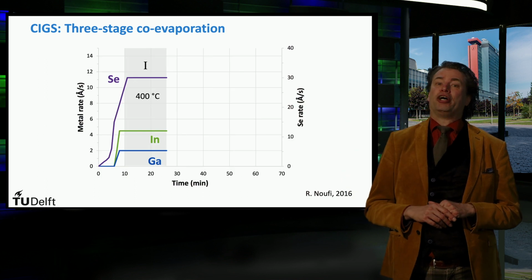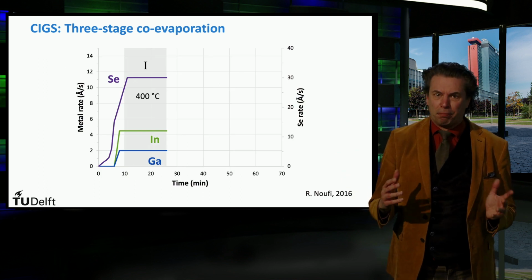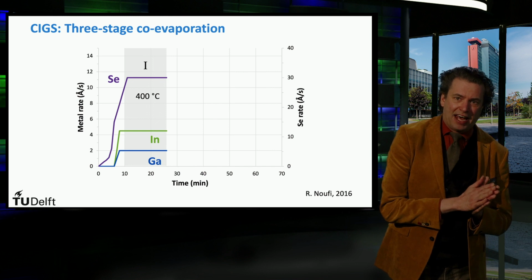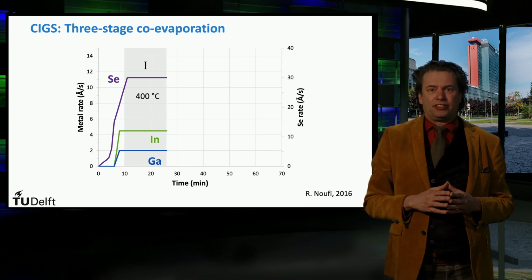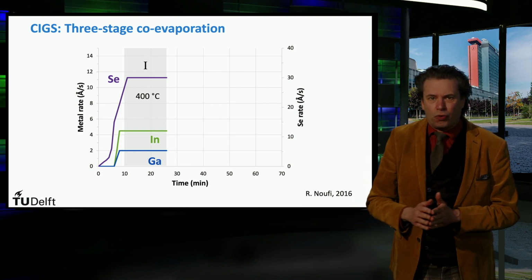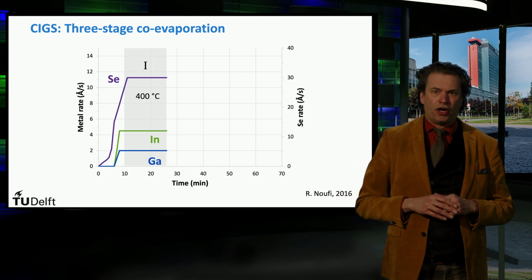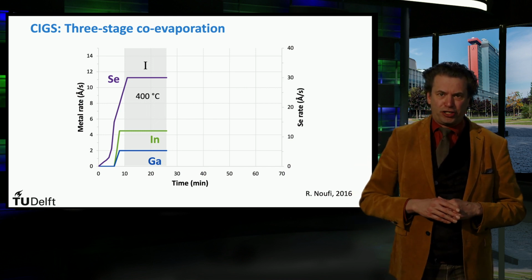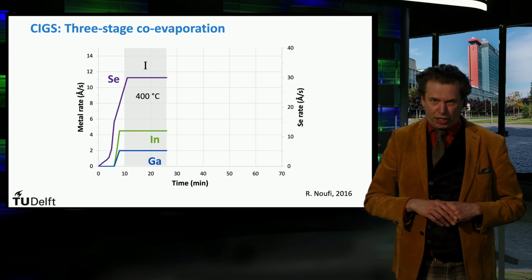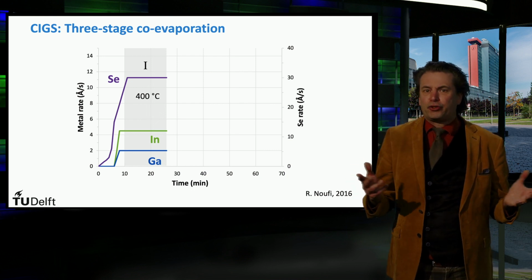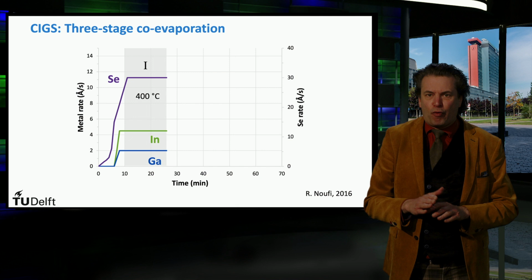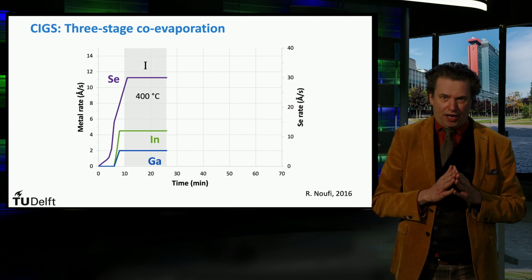This graph shows the growth rates of the metals on the left-hand y-axis and the selenium rate on the right-hand y-axis versus time of the three-stage co-evaporation process. Prior to the first stage, the rates are ramped up to the required levels.